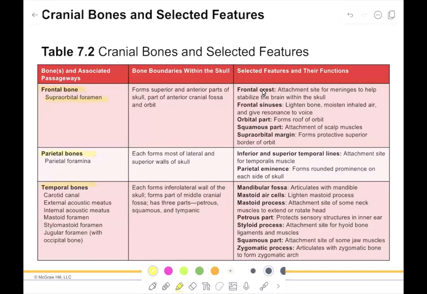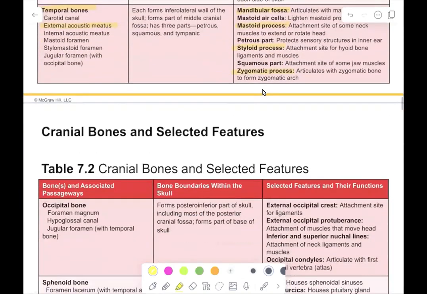On the temporal bone, you should know the external acoustic meatus, which is where the ear is, the mastoid process, the mandibular fossa, and the styloid process and the zygomatic process.